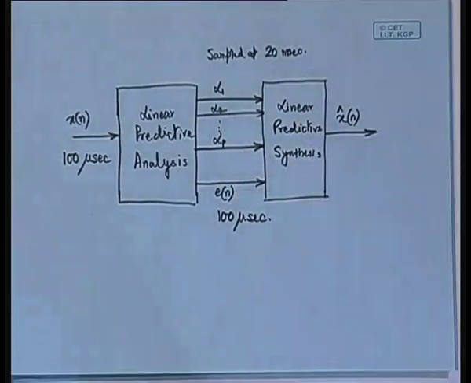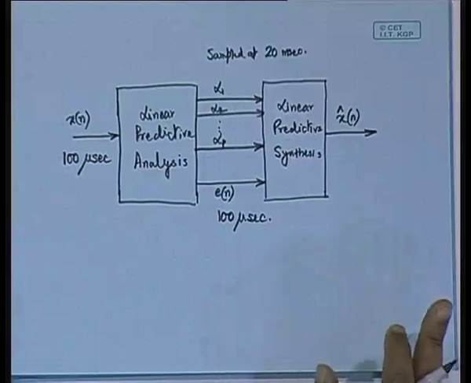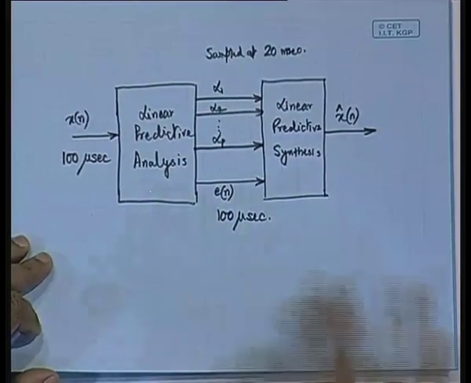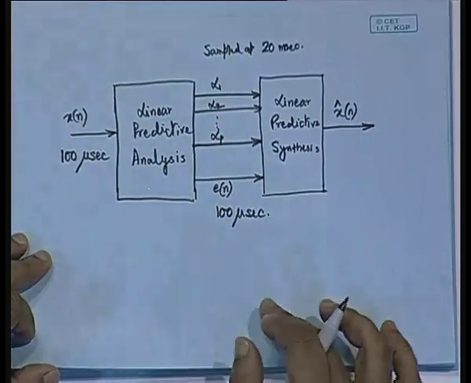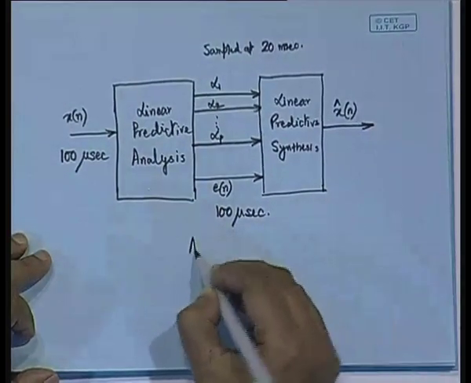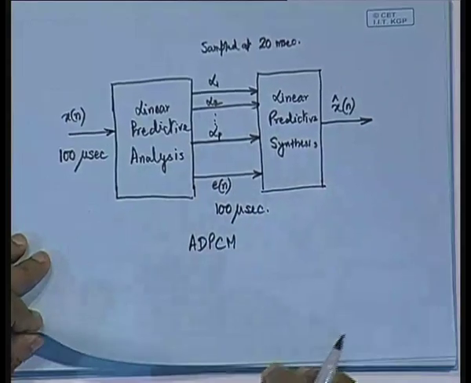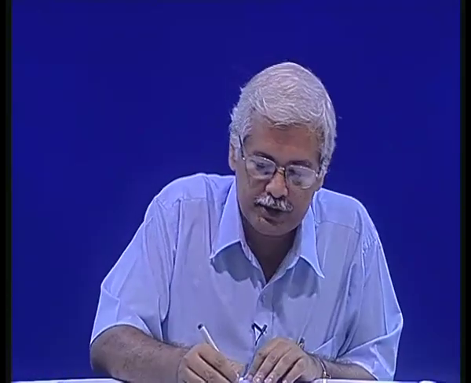So this is the model that one has to follow in speech coding based on whatever we had studied for the ADPCM. Up to this it is nothing but the ADPCM that we have studied. Now, let us go back to our original equation.